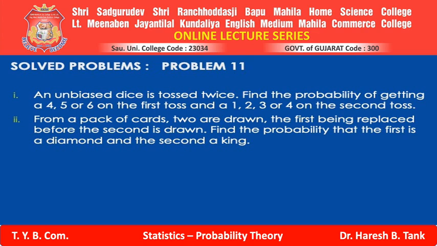Two cards are drawn, the first being replaced before the second draw. Replaced means independent events. Find the probability that the first is a diamond and the second a king. Fine enough. Let us see one by one.